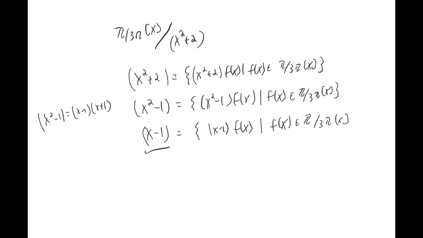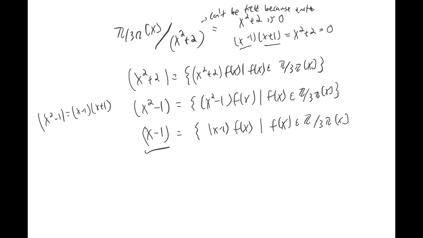And then again, if you want to work in quotient rings, I know x squared plus 2 is 0. Well, I have 0 divisors because x minus 1 times x plus 1 is x squared plus 2, which is 0, and none of these are 0. So it can't be a field again, because the quotient has 0 divisors.